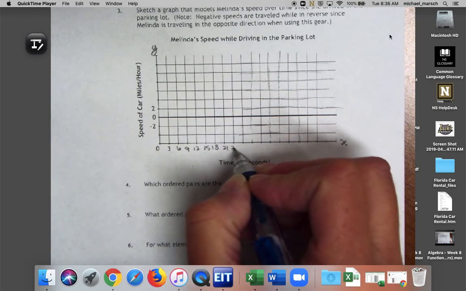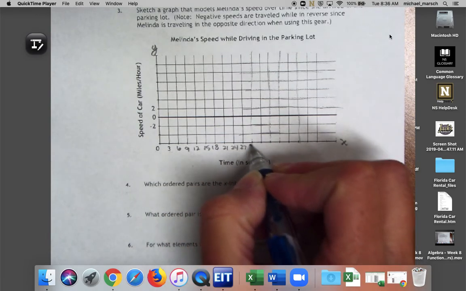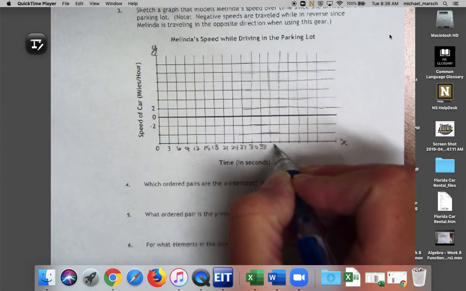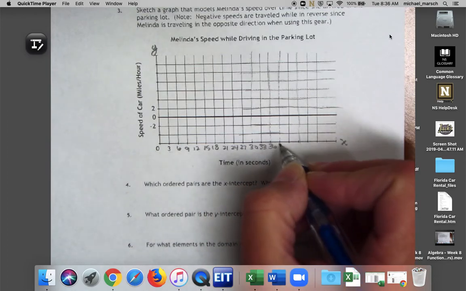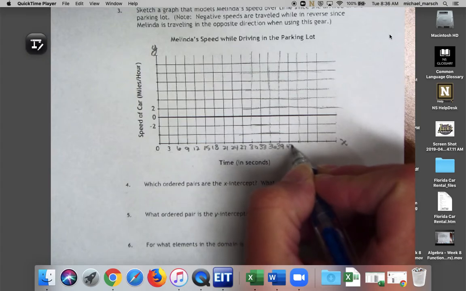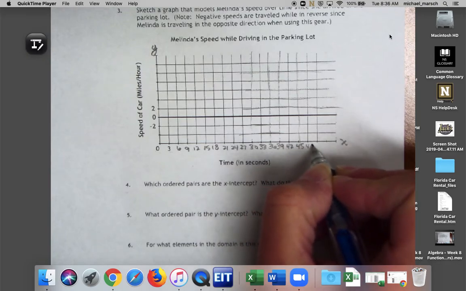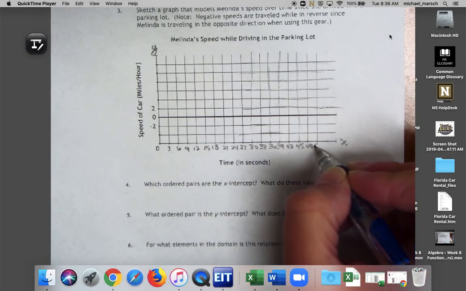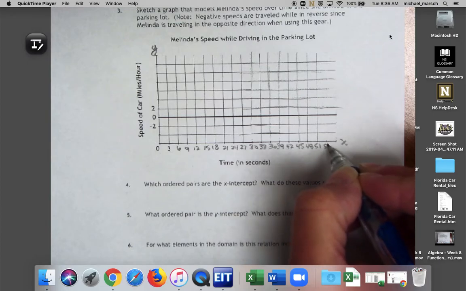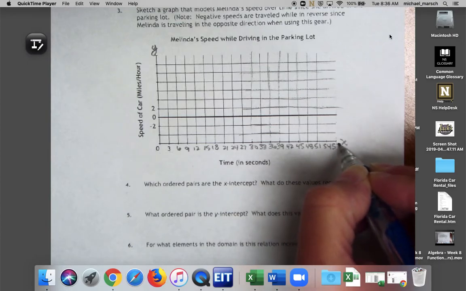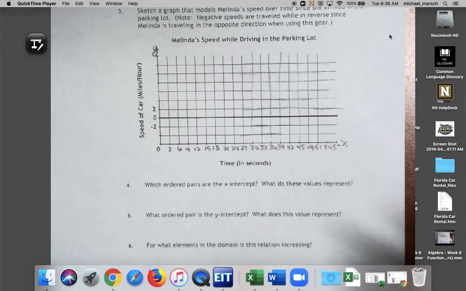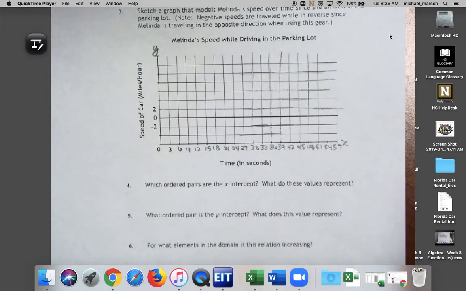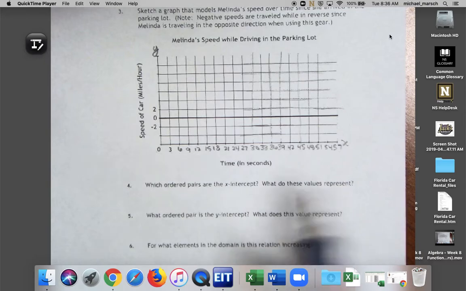It's going to get a little tight here. 27, 30, 48, 51, 54, 57. Okay. So again, I apologize. It got a little tight in there, but it'll do.